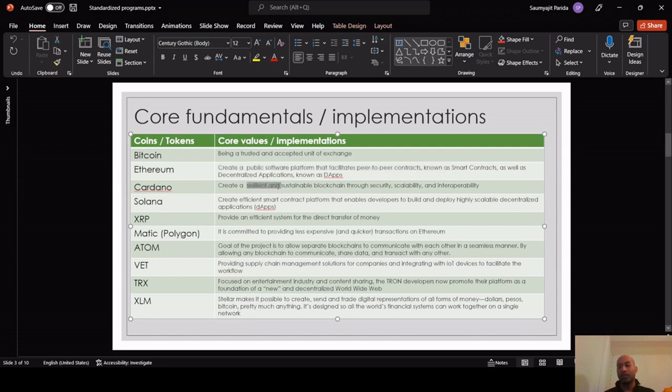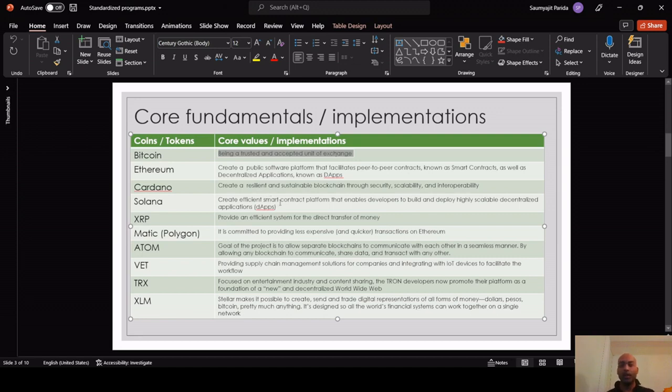Cardano is a resilient and sustainable blockchain through secure scalability and interoperability. So it's more into resilience and sustainability rather than Bitcoin's trusted unit of exchange.